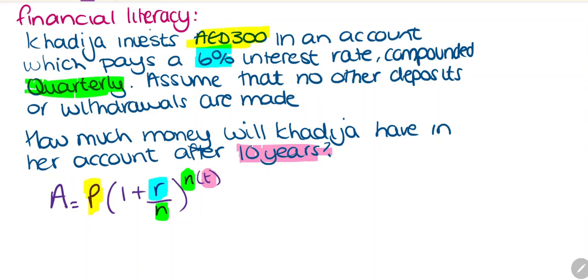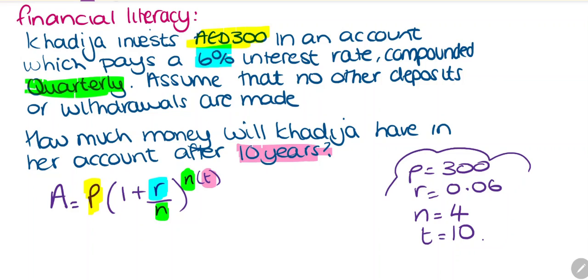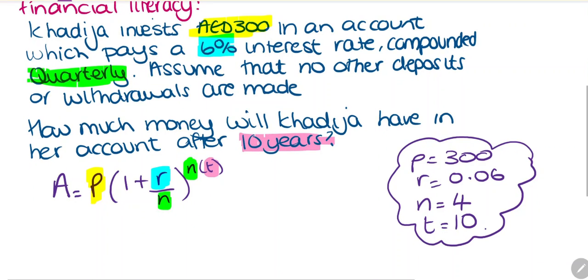So let's just write this down. Our principal amount is 300. Our rate, if we divide by 100, is going to be 0.06. Our number of payments for quarterly is 4. And our time is 10 years. So this is the information we need, and we're going to put it into our equation.